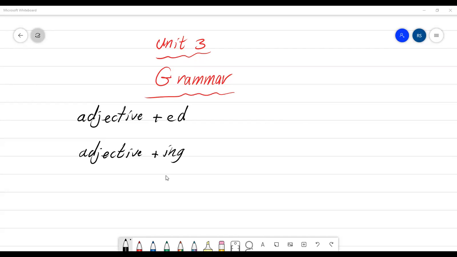We use ing to talk about what causes this feeling, or who, of course.